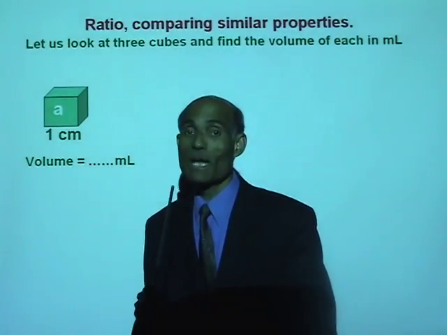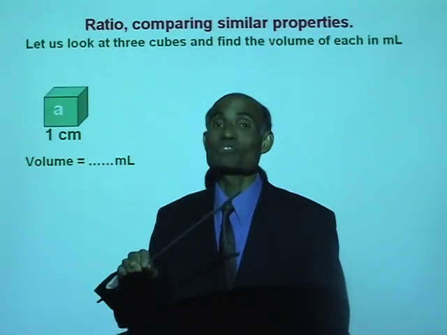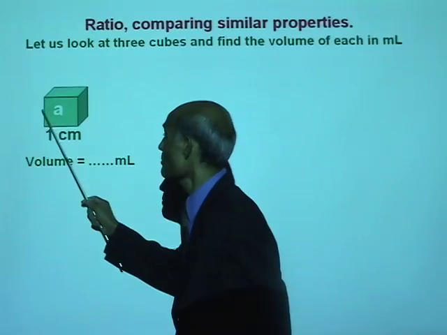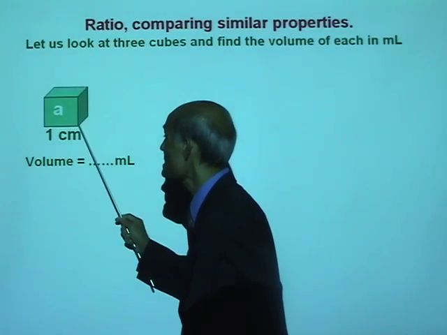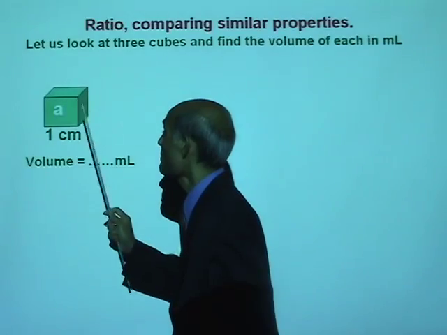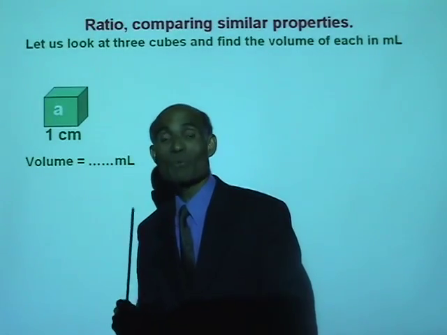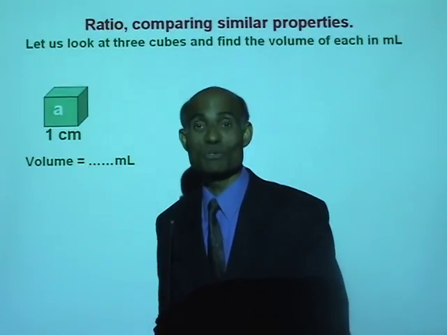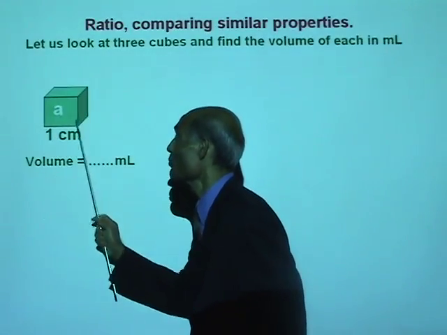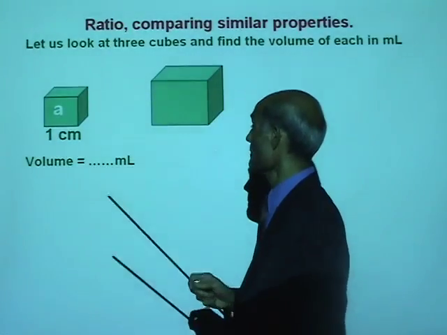Now remember, a milliliter is the same as a centimeter cube. So the volume of this will be 1 centimeter multiplied by 1 centimeter multiplied by 1 centimeter. That will be 1 centimeter cube, which is 1 milliliter is the volume of cube A.